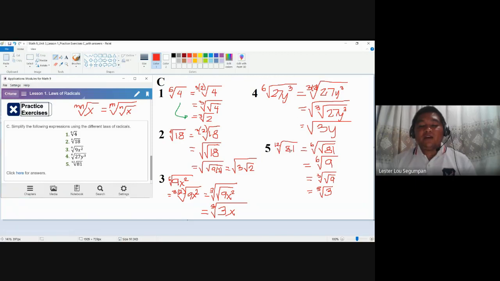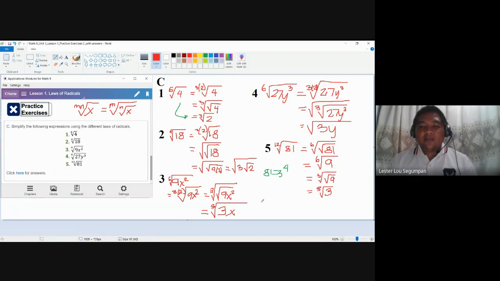That is if you're not familiar with other perfect nth numbers. But if you already know that 81 is another perfect nth number aside from being the perfect square of 9, 81 is actually the perfect fourth of 3, because this 81 is actually 3 to the power of 4. 3 times 3, 9 times 3, 27 times 3, 81. So if we know that 81 is a perfect fourth of 3, instead of the 4 steps here, you could use another way using only 2 steps.